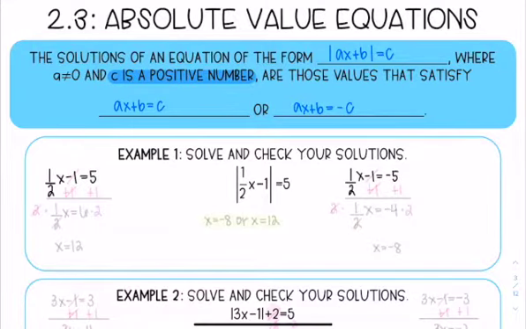And so the first thing we should do is let's go ahead and move 1 to both sides. And so on the left-hand side, the negative 1 and 1 is going to cancel. We've got 1/2 x equals 6.